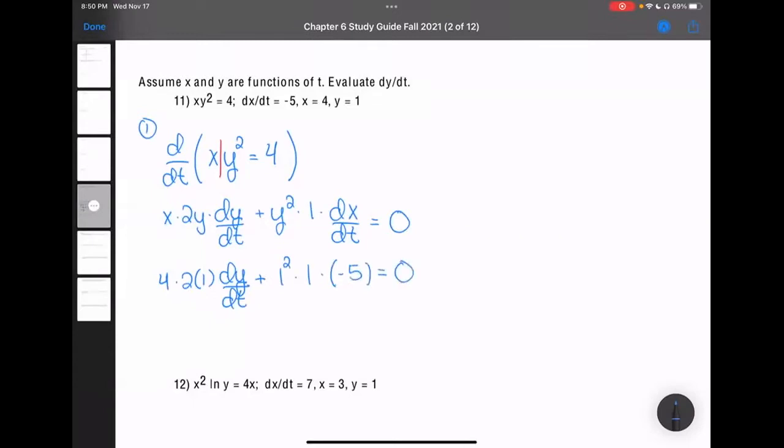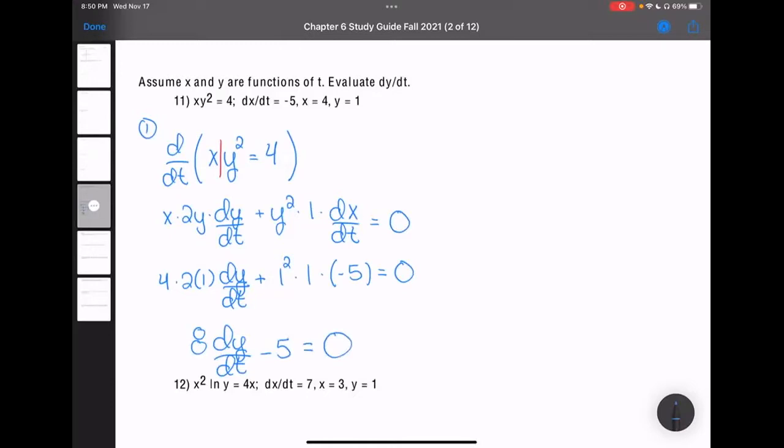Let's evaluate this. That's 4 times 2 times 1 equals 8 dy dt, plus 1 squared times 1 is 1, times -5 is -5. So we have -5 equals 0.